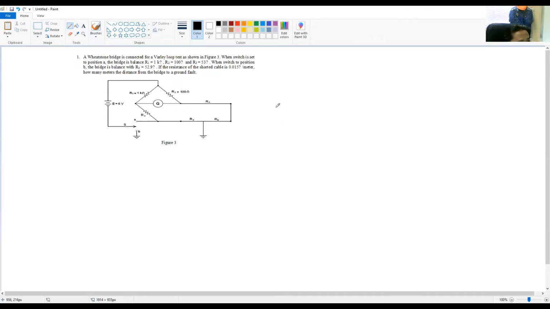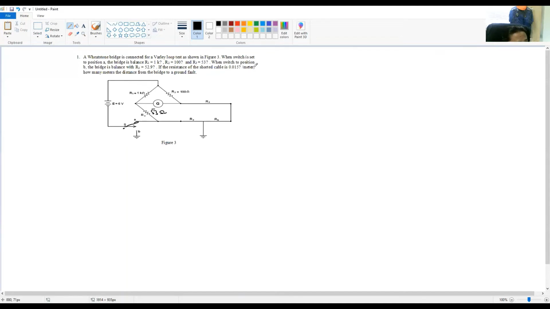The Wheatstone bridge is connected for the Varley loop test as shown in figure 3. When the switch is set to position A, the bridge is balanced: R1 equals 1K, R2 equals 100, R3 equals 53 ohms.